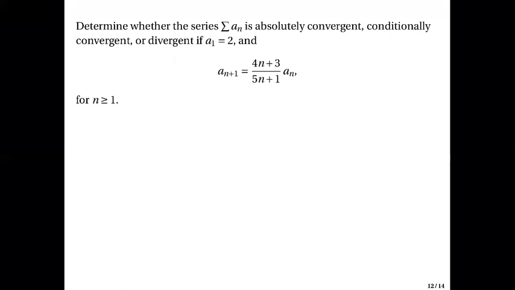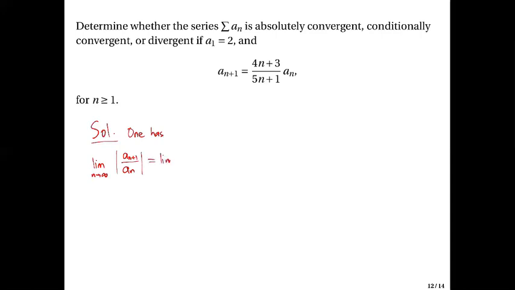So all we need to do is use the ratio test. Solution. We have a sub n plus 1 divided by a sub n. We get the absolute value of this and take the limit as n approaches infinity.